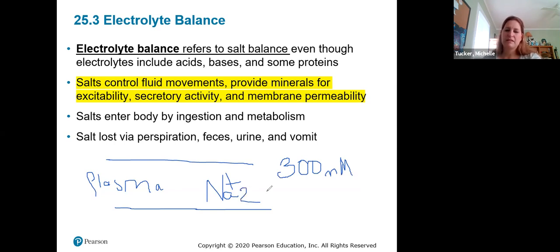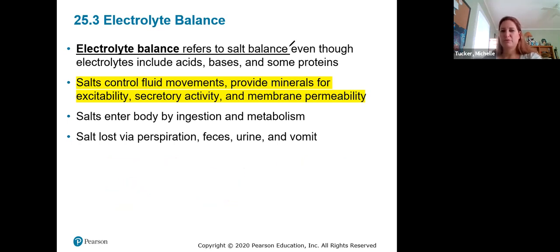Salt is responsible for 280 of them. So if you want to maintain balance in the plasma, you have to regulate salt. So the regulation of salt drives a lot. Electrolyte balance, we usually refer to as salt balance because it's 280 of the 300. So it's the major player.